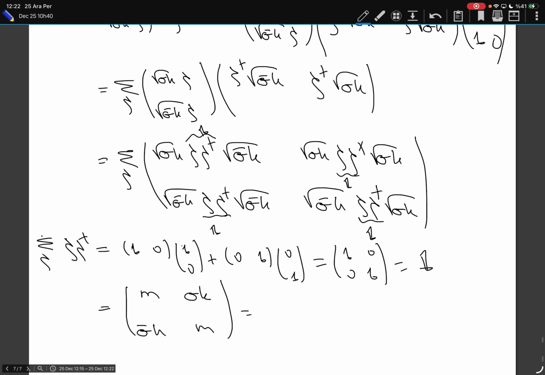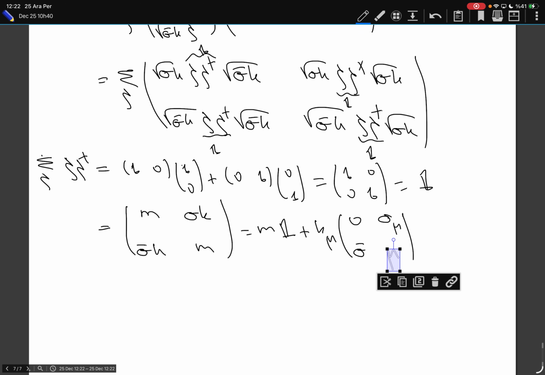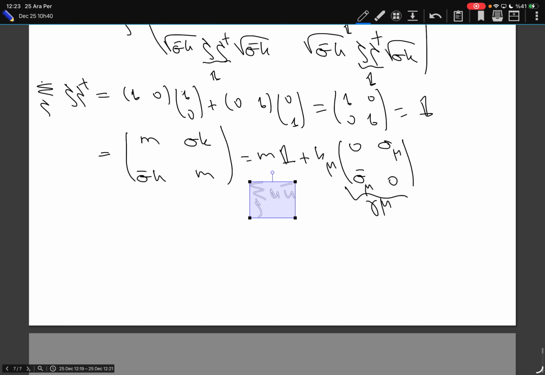This is m times the 4x4 identity plus k mu, with sigma mu, sigma bar mu. This is nothing but what we defined as gamma mu. So what this told me is that this sum is just k slash plus m.